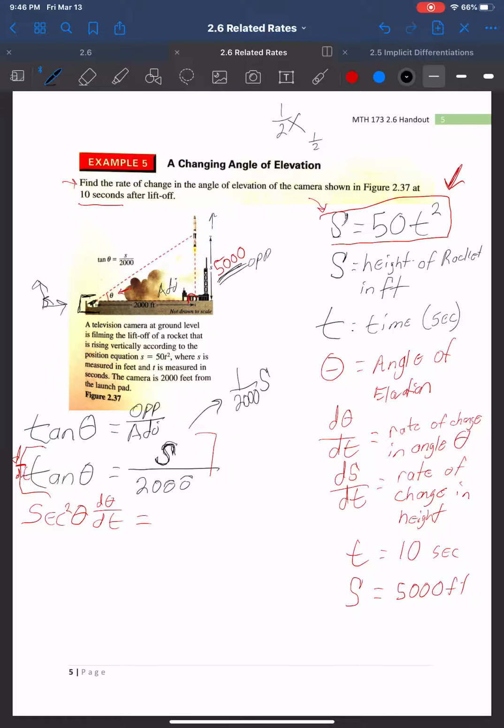But if you take the derivative of 1/2000th s, that's obviously going to be 1/2000. But since it's s with respect to t, we're going to need to have a ds dt. All right, now let's think about what we have and what we don't have.